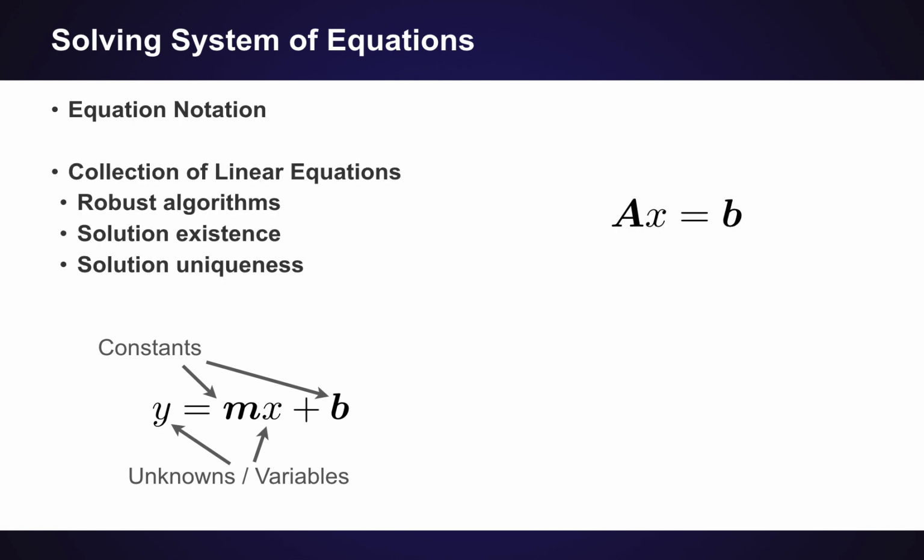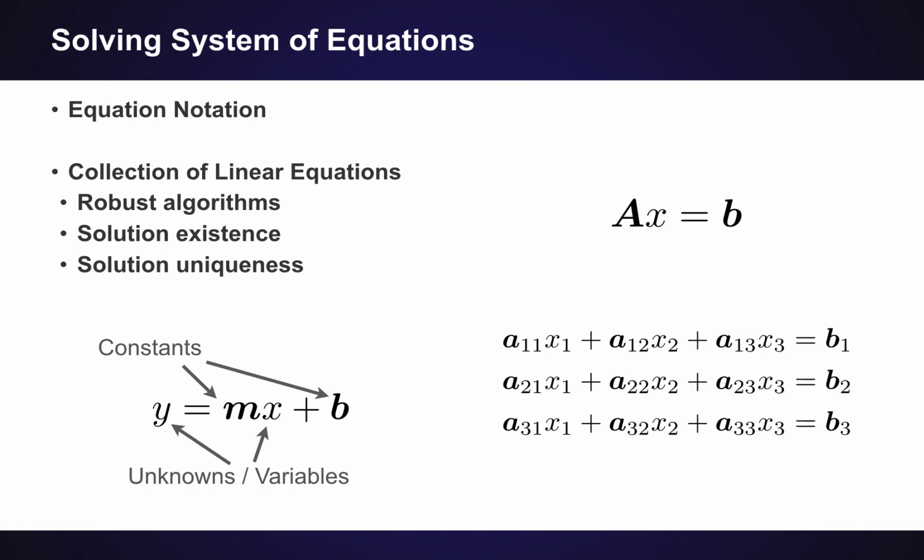So what is it to solve a system of linear equations? Usually you'll see this presented as a matrix A times a vector x is equal to a vector b. But you might also see it in a more arithmetic form like this, where you have some coefficients a times some unknowns x, and then those are equal to some constants b, and you'll have a bunch of these.